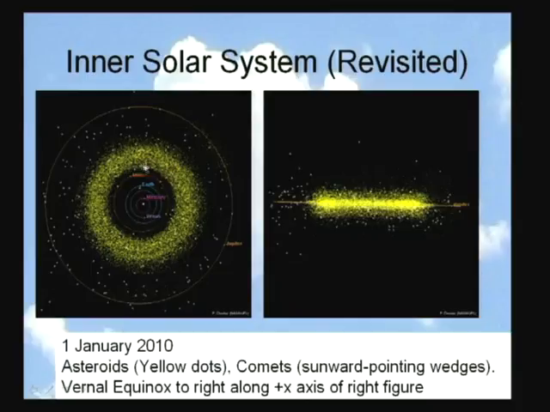And so, you have these asteroids over here, the yellow ones, and you have the comets, the white objects. Okay. And the outer orbit here is the orbit of Jupiter.